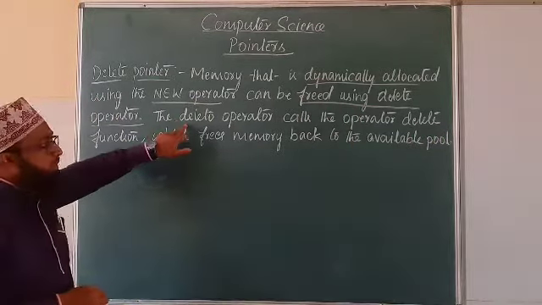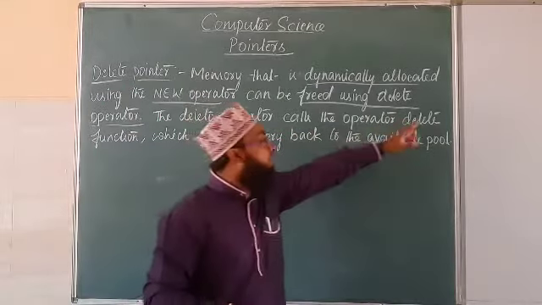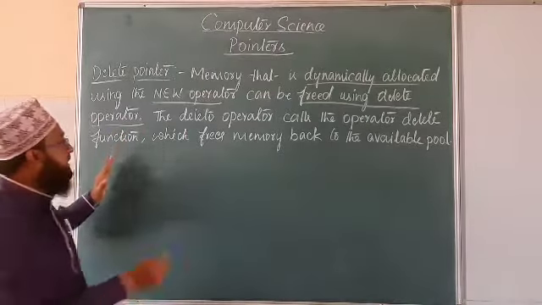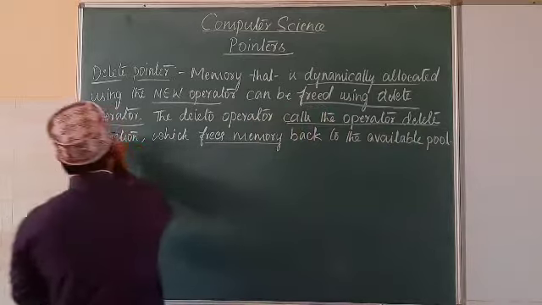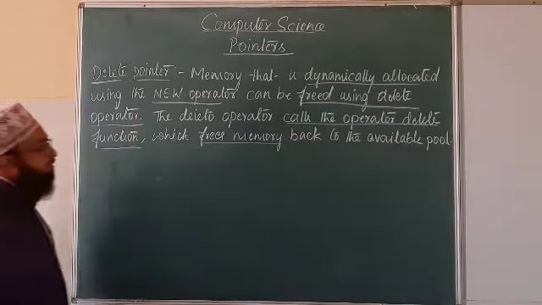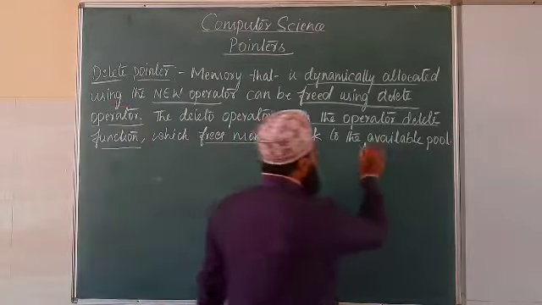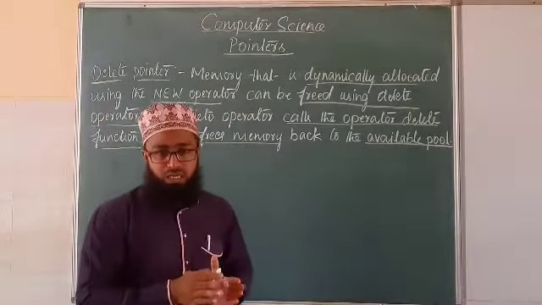The delete operator will call the operator delete function, and this function frees memory. Then it frees the memory back to the available pool. Pool means the place from which the memory was taken.